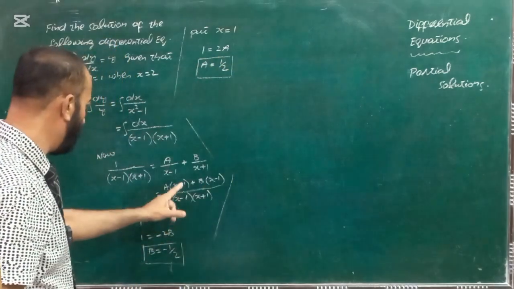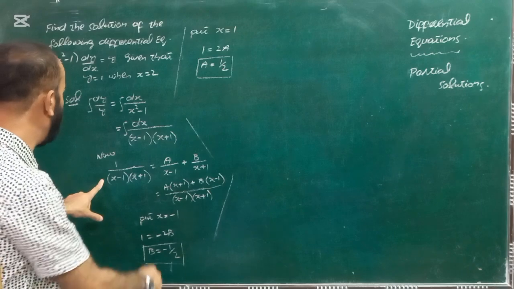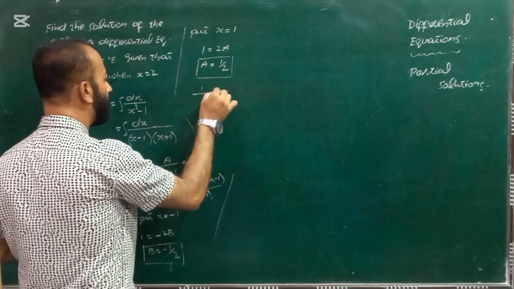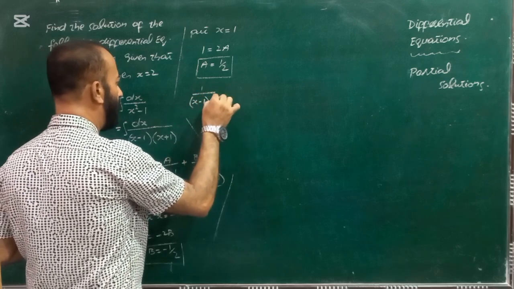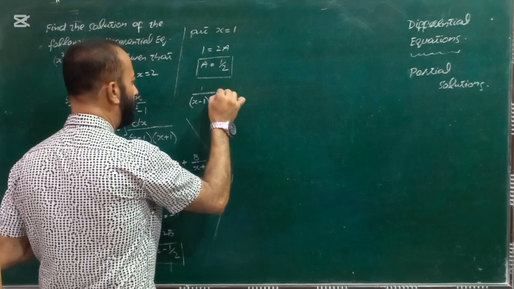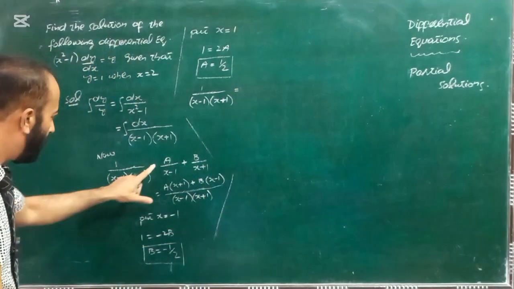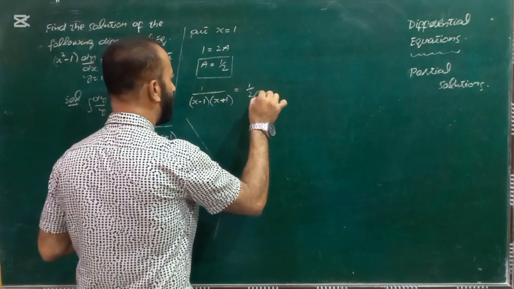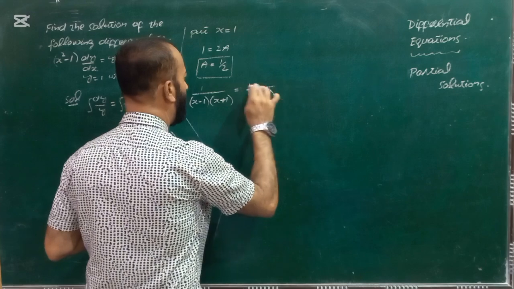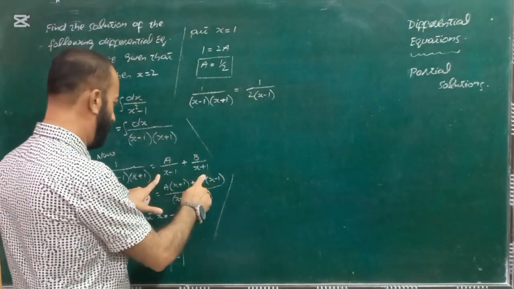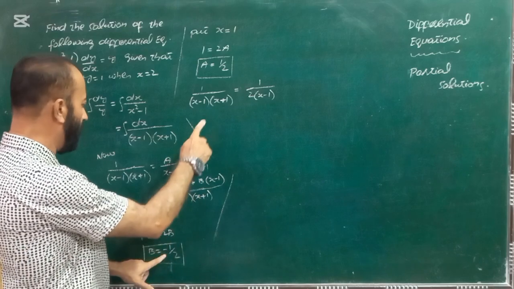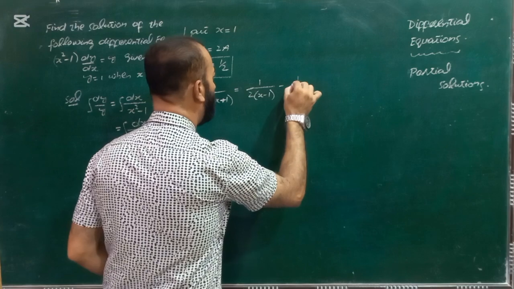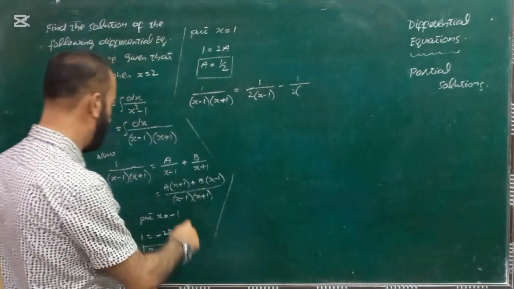So putting values here, this will become 1 over x minus 1 into x plus 1 equal to, a's value is 1 by 2, so 1 by 2 into x minus 1 and plus minus, so plus minus will become minus, so minus 1 over 2 into x plus 1.